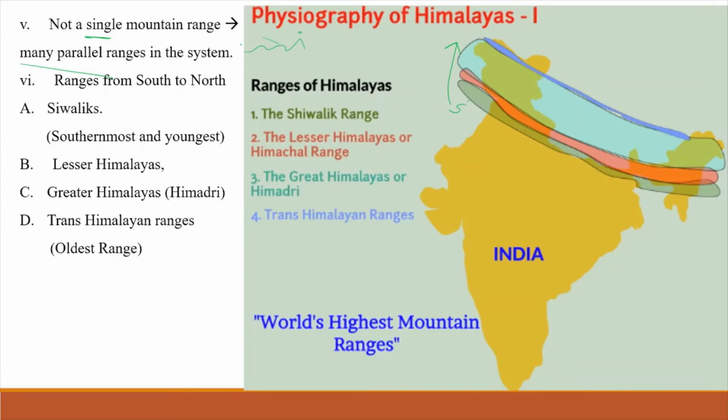Then we have the Lesser Himalayas, then the Greater Himalayas, and the oldest range will be the Trans-Himalayan range. Here you can see the color coding and the shadings. And the oldest will be the Trans-Himalayan.